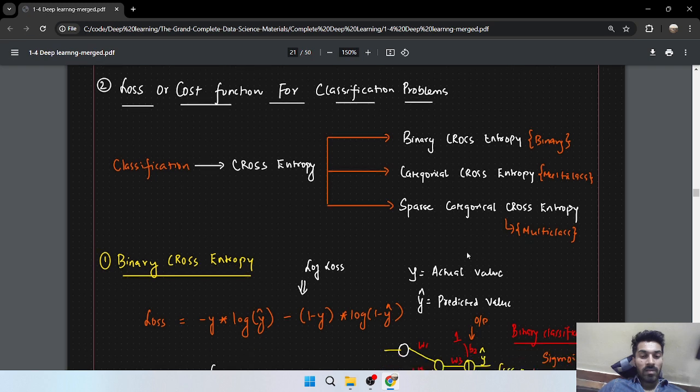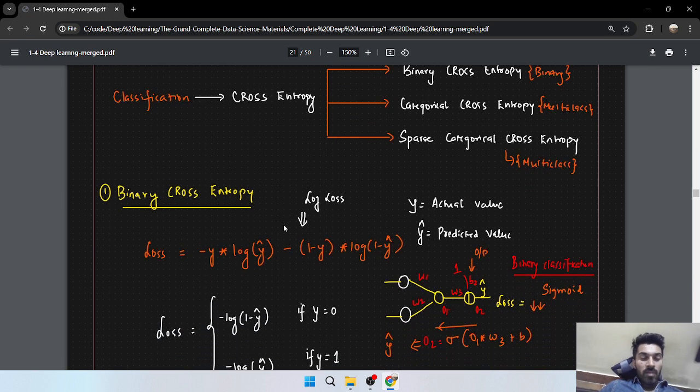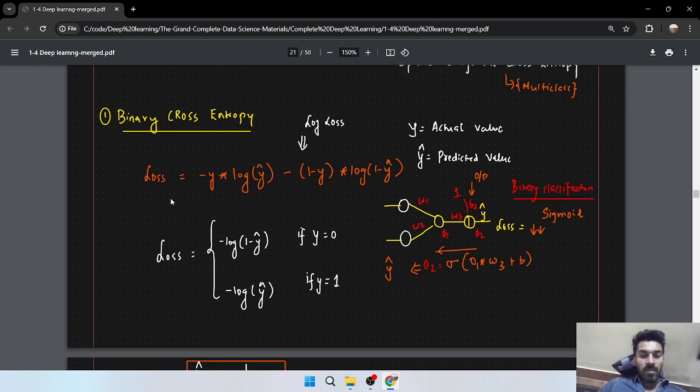So now let's learn what binary cross entropy is. The binary cross entropy formula for loss is like this, and we know that for the cost it will be a summation of all these values.